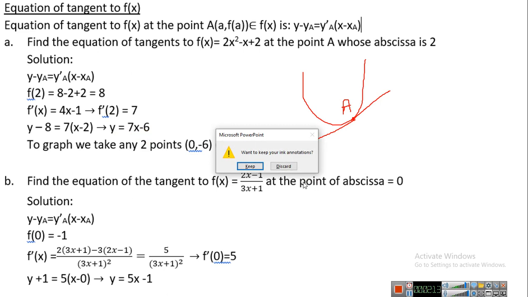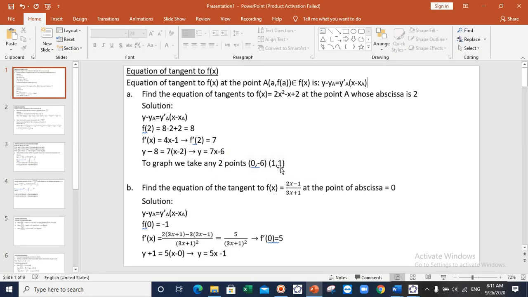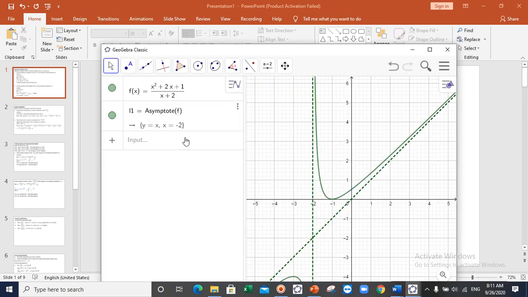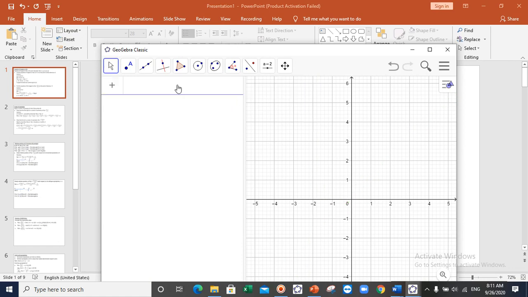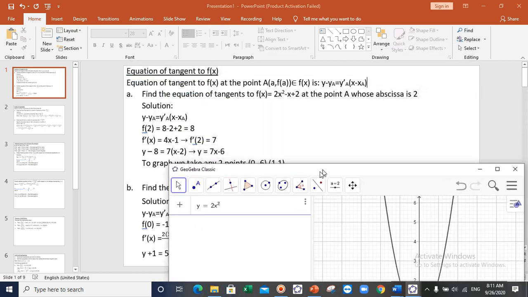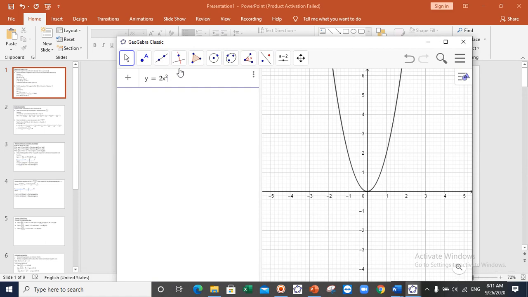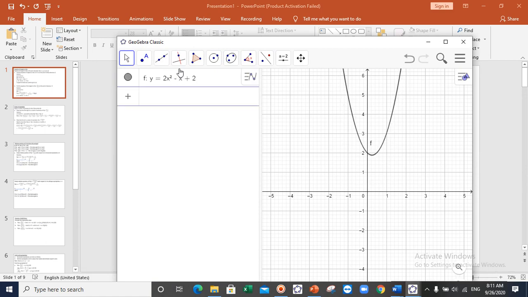Okay, so let us do it here. We have the curve y equals 2x squared minus x plus 2, and you want the tangent.